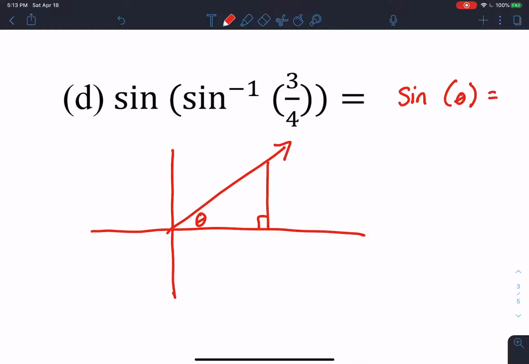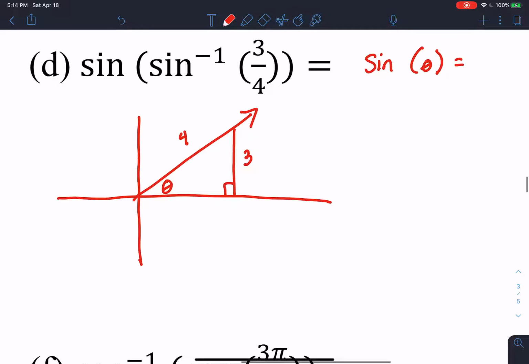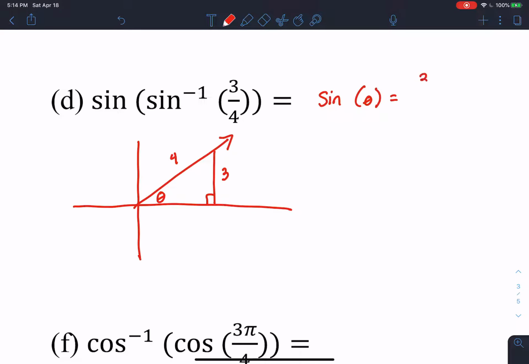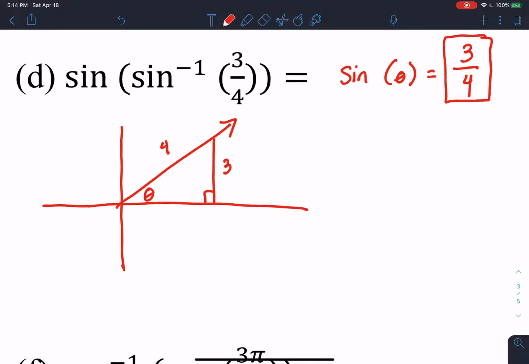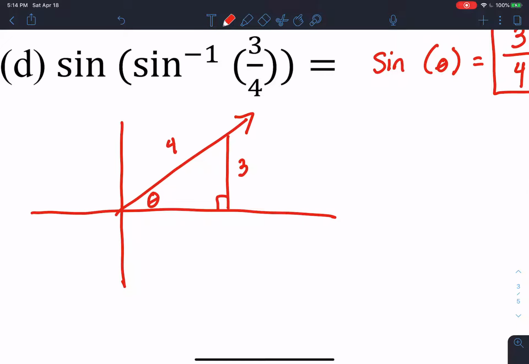So this side would be 3, and this side is going to be 4. So when I do sine of that angle now, it's still going to give me 3 over 4. If you somehow needed the missing side, you would just do Pythagorean theorem, and that would give you the answer, which is root 7. We didn't really need that for this one, but that's okay.